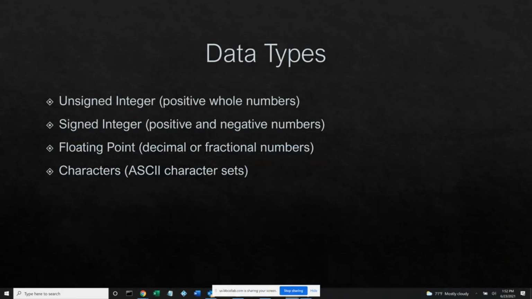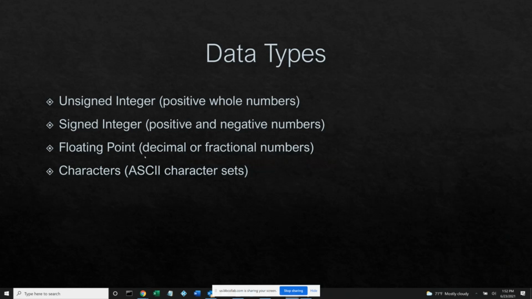So, as I was mentioning, we can represent a variety of things with those individual bits. We can have unsigned integers, which are positive whole numbers. We can have a signed integer, which represents positive and negative whole numbers.